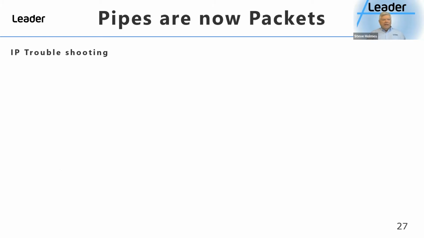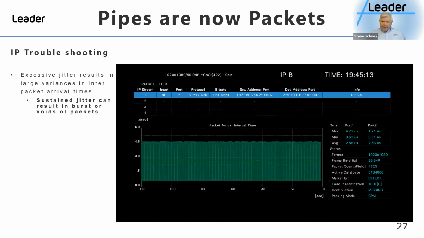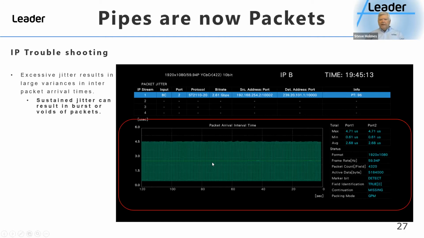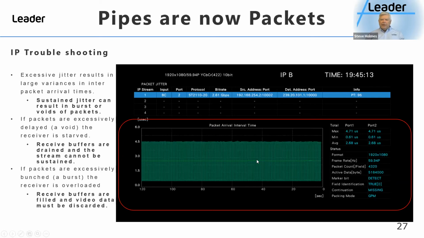But we need to be able to take this much deeper. One of the things we need to do in IP is look for signatures, to see how the video packets and the audio packets are coming in, and they will build a signature that you need to get used to looking at. You'll see a peak-to-peak response of how late packets are coming in and how early packets are coming in, and they will build this signature that you need to be able to look at, with all of that same information coming in the door.